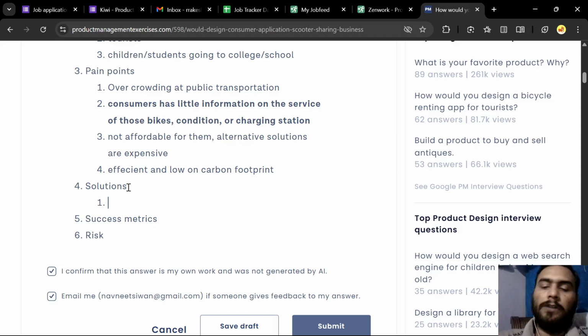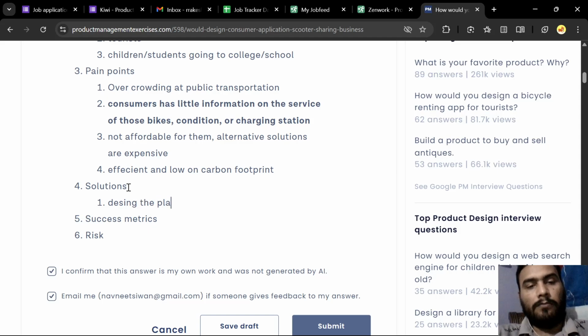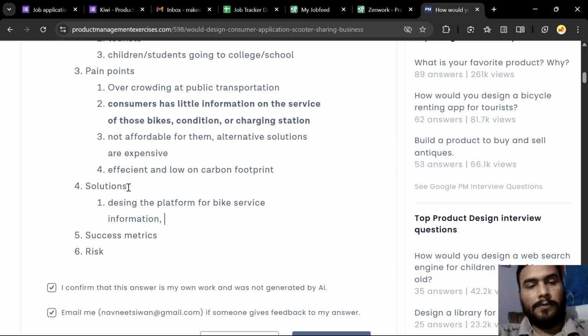So we are looking to design the platform for bike service information, bike station information, and everything related to bikes.